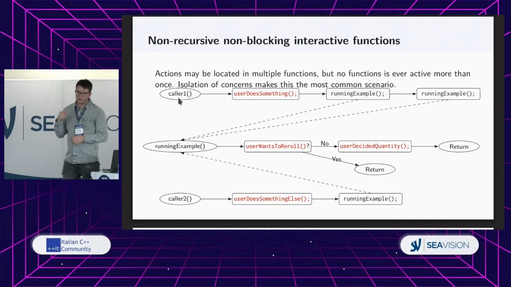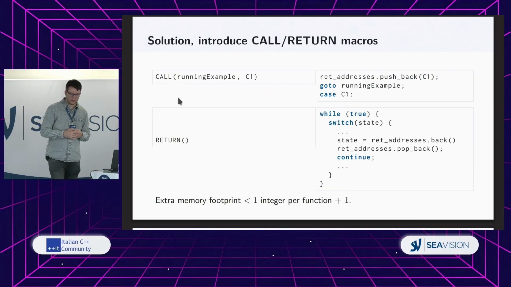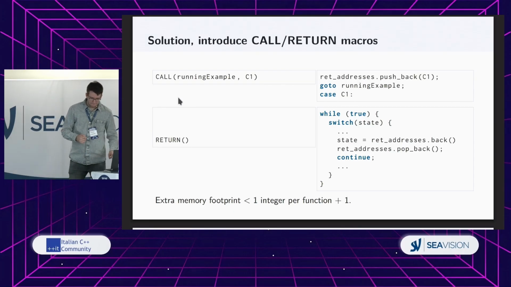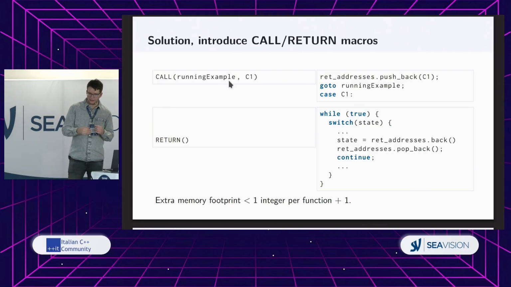And when you are in this situation, you can reuse the previous solution, but you add an extra trick. The extra trick is two other macros: call and return. Call will accept a label to go to, the place you want to go, and a label to remember where the call was.